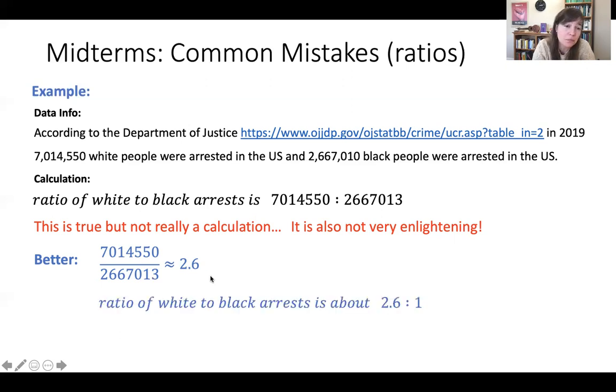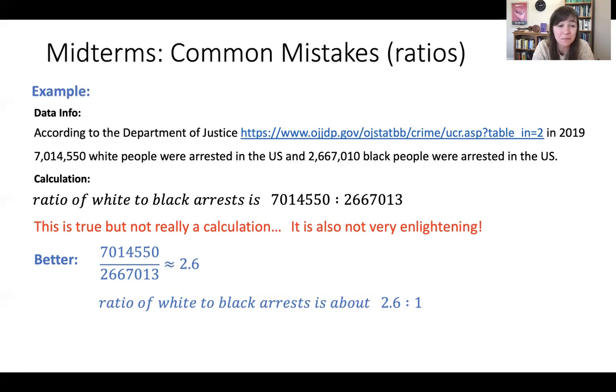Now you've actually done a calculation. And you can turn this calculation into a ratio. You've calculated that the ratio of white to Black arrests is about 2.6 to 1. Good, that's a calculation.